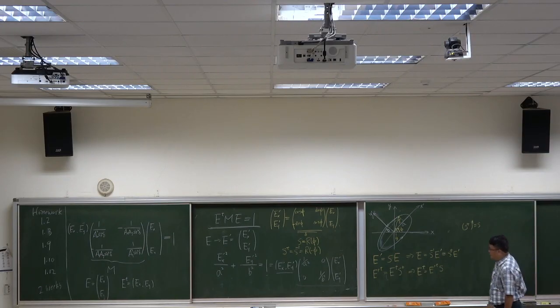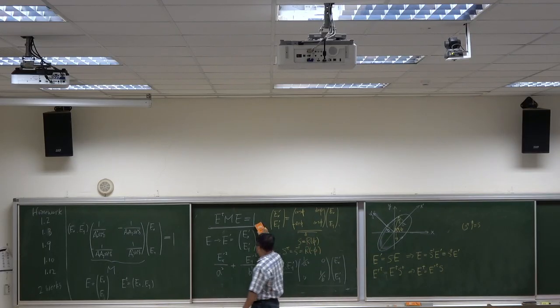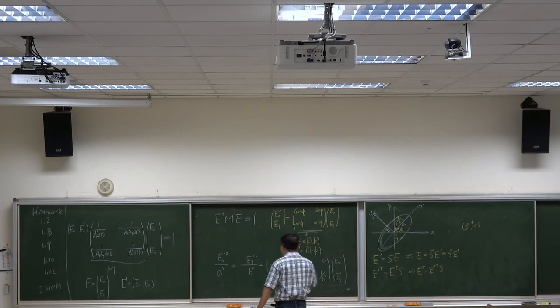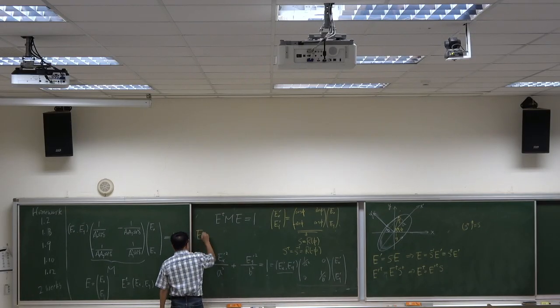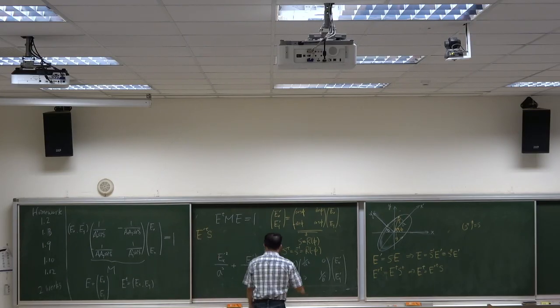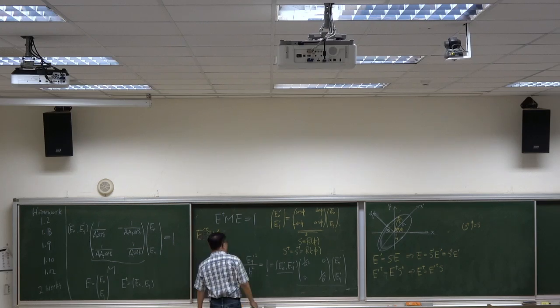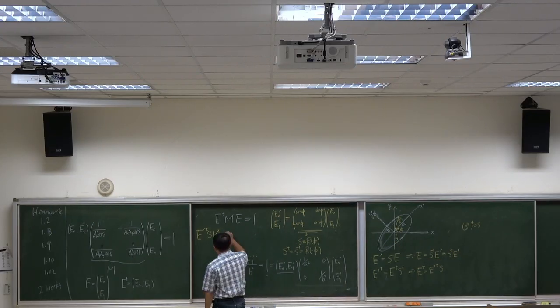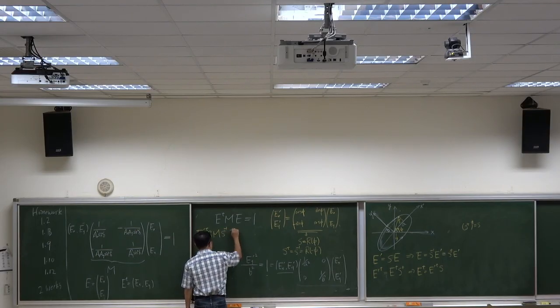Okay. So now I can substitute the result into this equation. I can write this as E transpose M E is equal to 1. E is S transpose E prime, S inverse E prime, equal to 1.